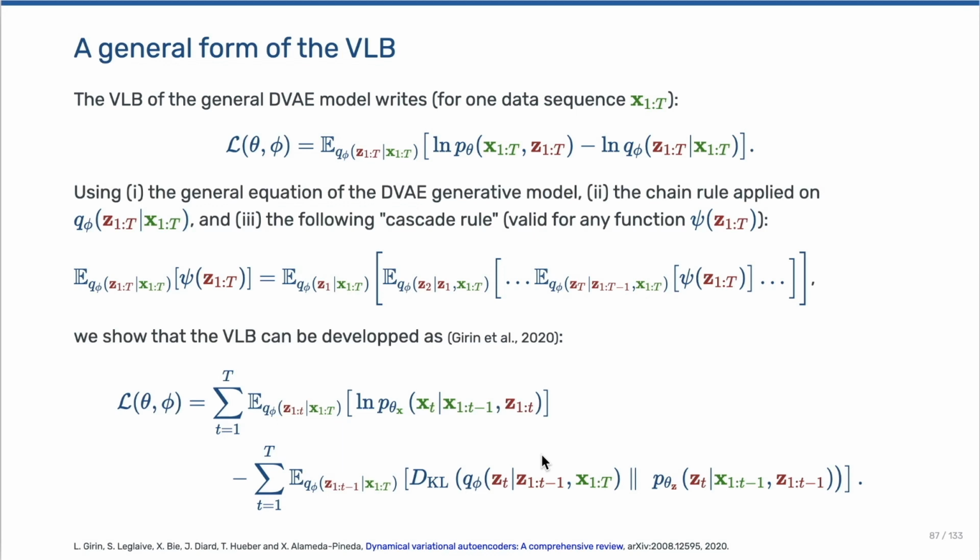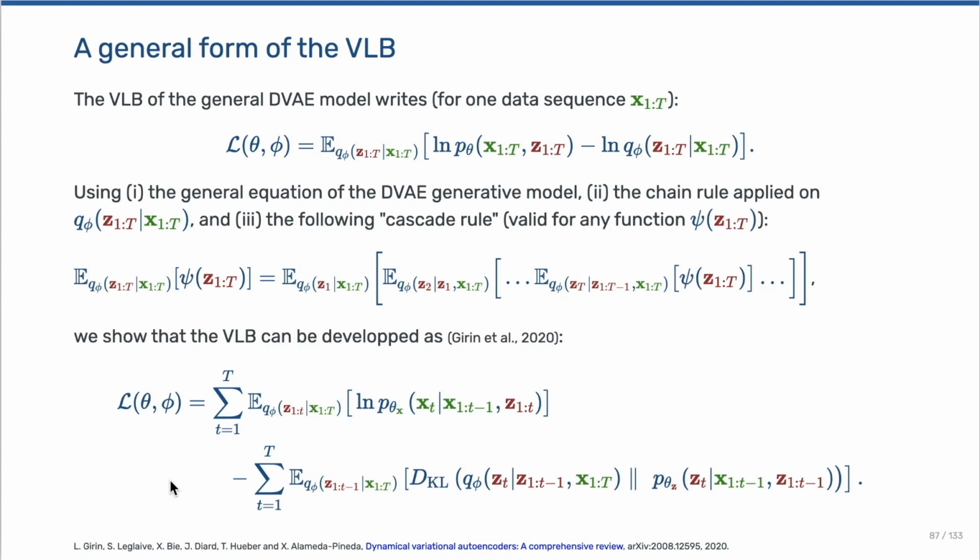The next point is about the variational lower bound that is used to train the DVAE models. One of the contributions of our DVAE review paper is that we present for the first time a general developed form of the VLB corresponding to the most general DVAE formulation.